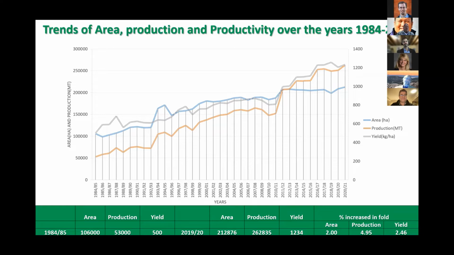That means this increment is due to our intervention of improved varieties, and also the extension people are expanding this crop in this area, and farmers are growing it like that.